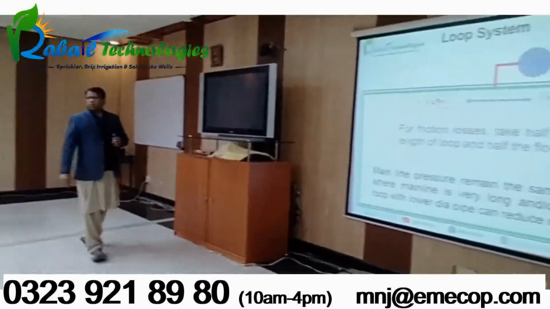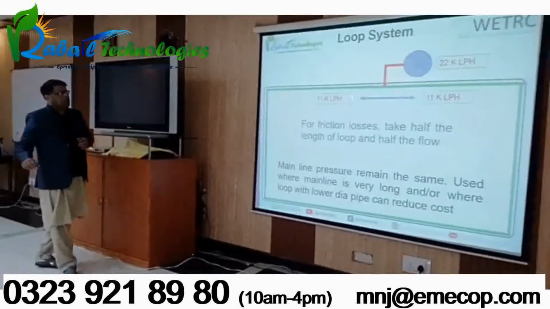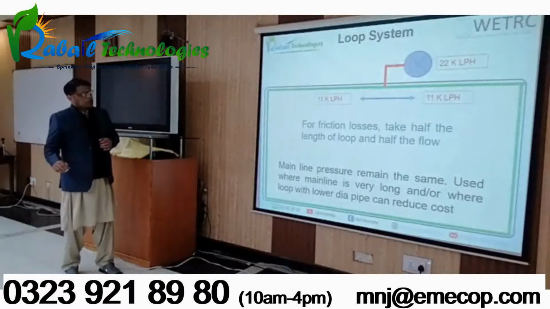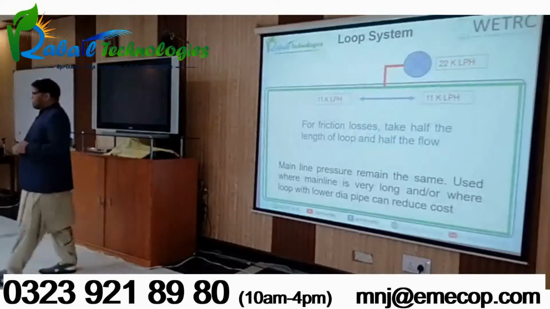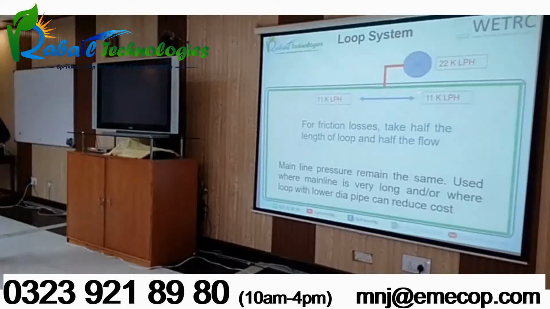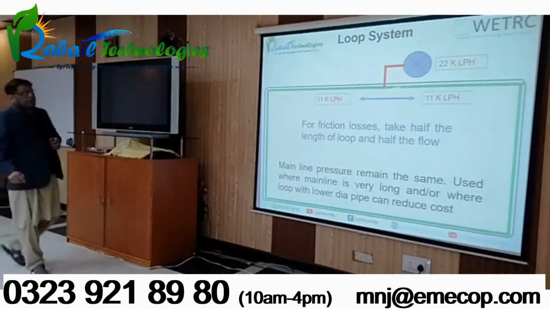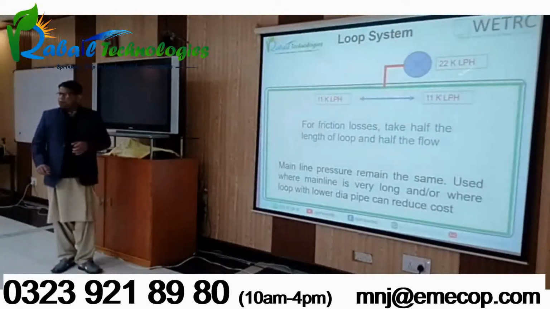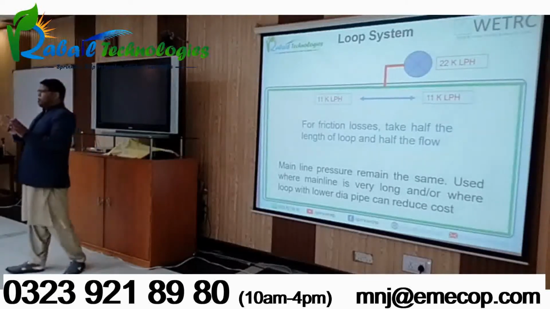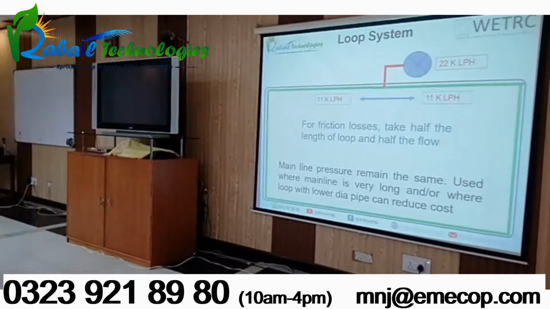In the looping system, what we do, for example, look, the red represents a 3-inch line and the green represents a 2-inch line, right? In looping, just to simplify the thing, we assume, otherwise it remains the same, that any flow entering the loop will divert on either side in equal quantity.